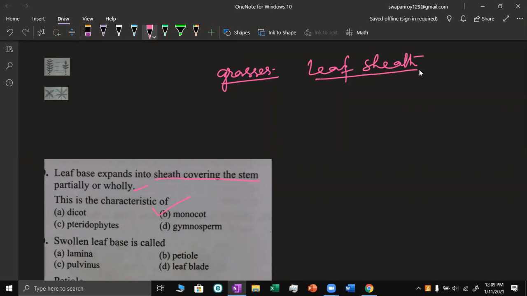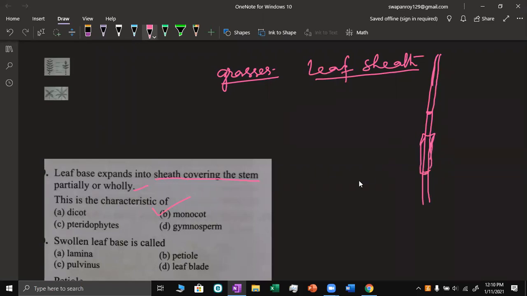The leaf sheath, say, I will draw one stem or a branch of a monocot plant. Say this one is the node, this one is the node, the leaves come out from the node, but this leaf base covers, it is flat. The structure may be colorless or it is green, normal color.